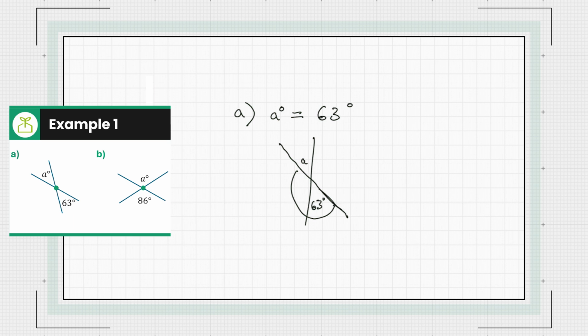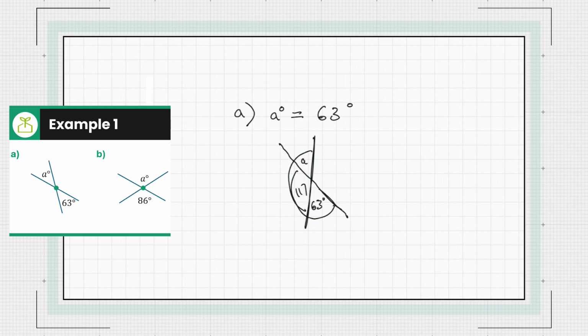Well, it's going to be the difference between 180 and 63, so this is going to be 117 degrees. Now, in order for this straight line, the one that is also in the middle, to be a straight line, that means that this angle A has to be equal to 180 minus 117, which is also equal to 63 degrees.